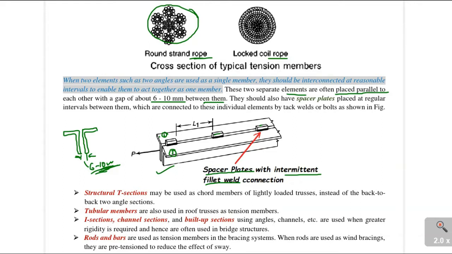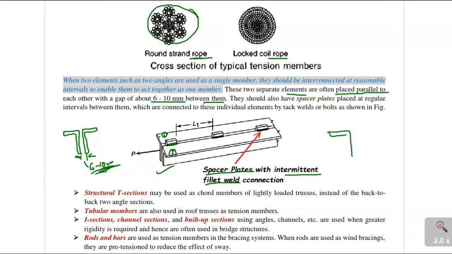And these spacer plates are welded to angle sections 2 and 1 on both sides, so that these angle sections are held by these spacer plates. Or you can do this in another way. How is that?